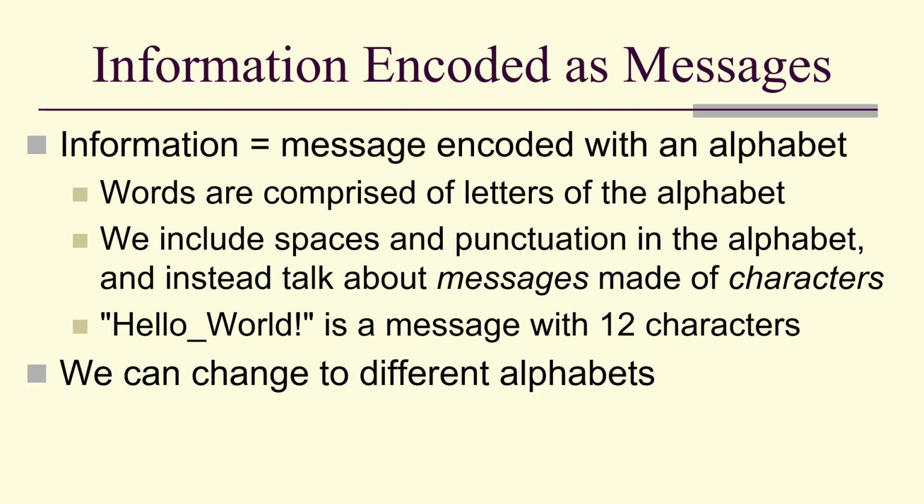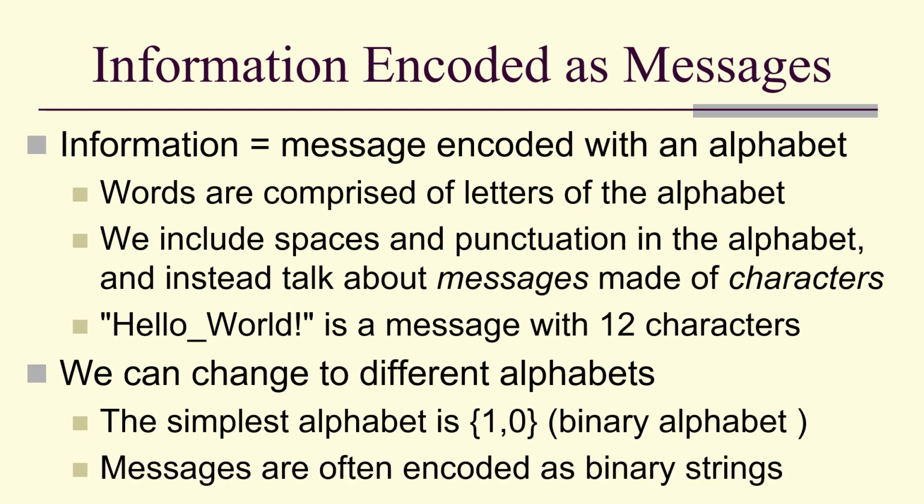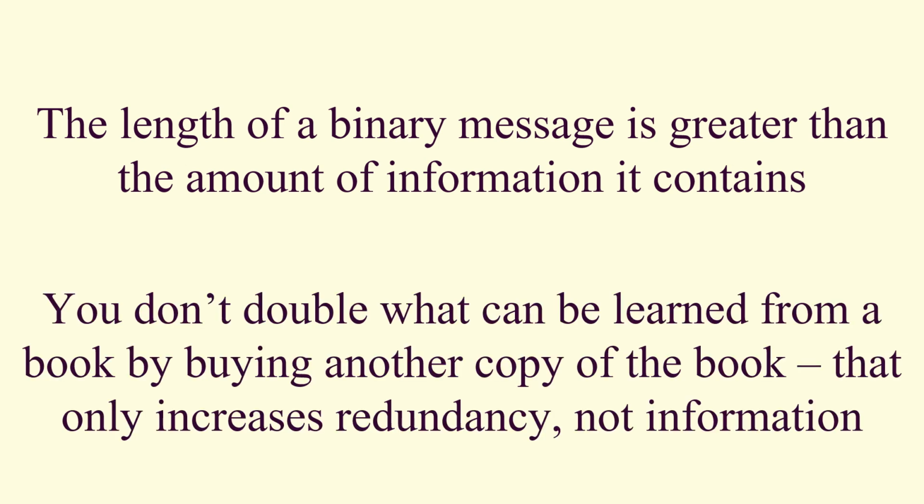We can change to different alphabets. The simplest alphabet is the binary alphabet 1, 0. Messages are often encoded as binary strings. The length of a binary string is greater than the amount of information it contains. You don't double what can be learned from a book by buying another copy of the book. That simply increases redundancy, not information.